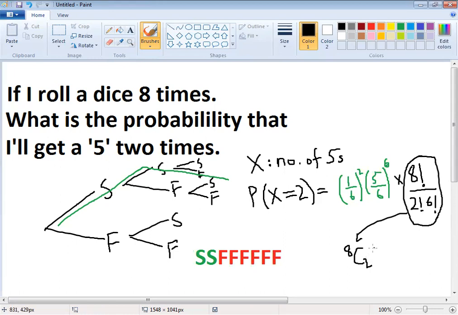So 8C2, आप बोल रहे हैं 8 में से 2 success, out of the 8 trials you get 2 successes, and obviously success will have a power 2, and failure, which is 1 minus success, will have a power 6. And this is what is categorized as binomial distribution.